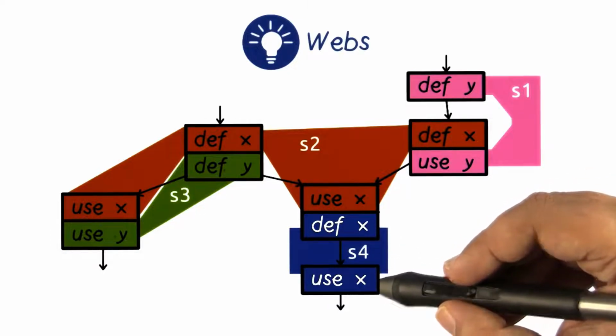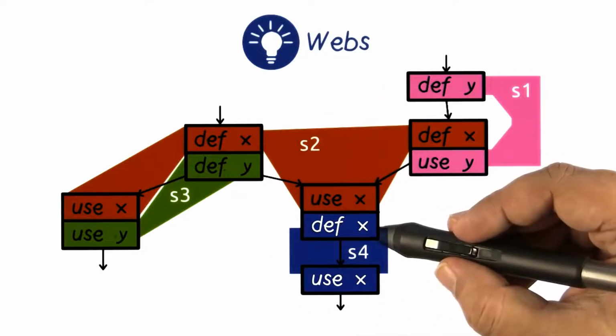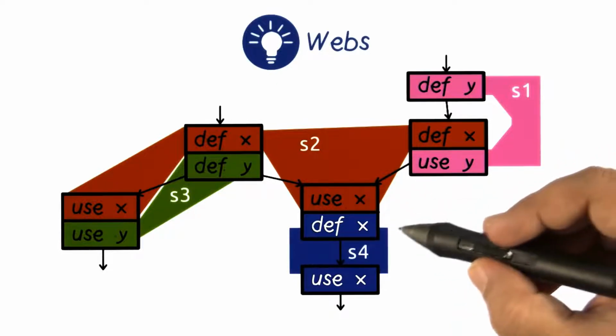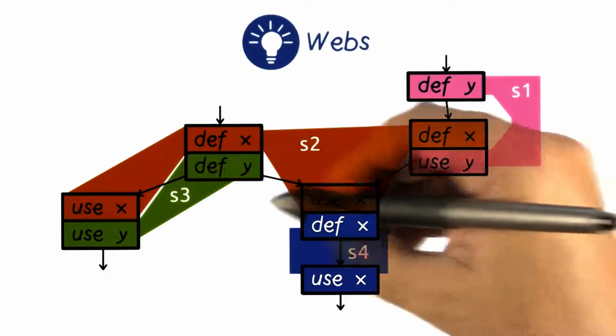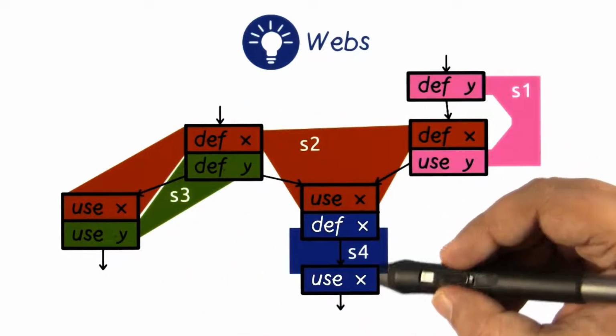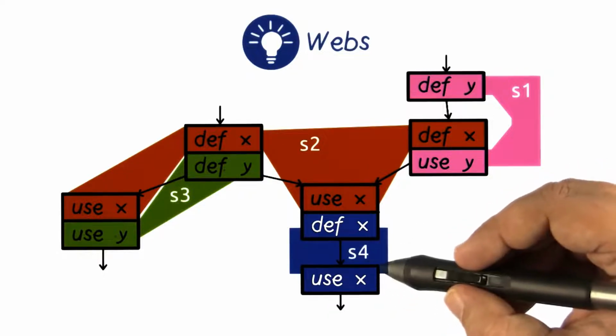This use of x is not reached by either of these definitions, so it is separate. And in addition, this definition of x also does not reach this use of x. It does not reach that use of x here and so on, and therefore this definition of x and that use of x is separated out and is called web S4.